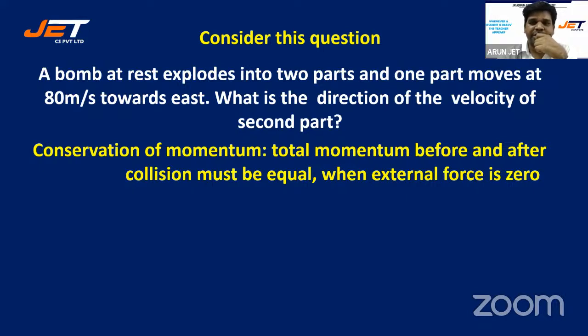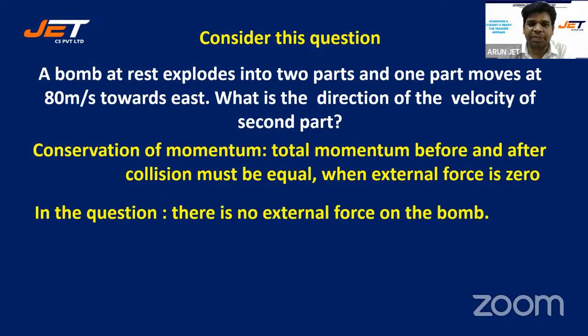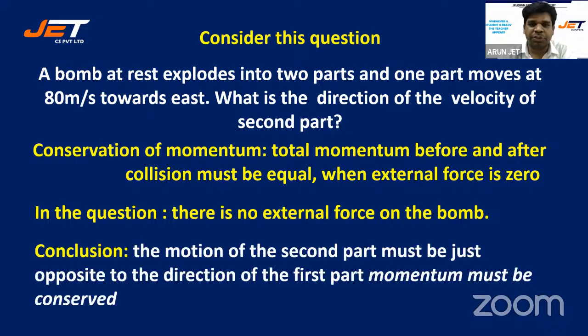So in that particular direction in which the net force is zero, let's say horizontally on the bomb, there's no net force in the horizontal direction. So in the horizontal plane, the total momentum before and after the explosion should be equal. In the question, there is no external force on the bomb in the horizontal plane. So the motion of the second part must be just opposite the direction of the first part.